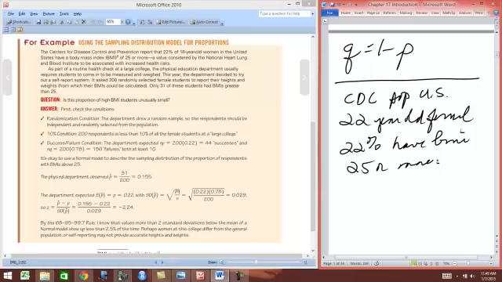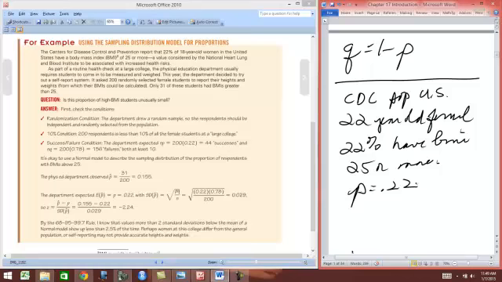So for this particular factor, we're going to say p equals 0.22. Okay? And what's the population parameter for? U.S. women who have a BMI of 25 or more, that are 22 years old. 22-year-old U.S. women with a BMI of 25 or more. Notice it's fairly well qualified. Okay?